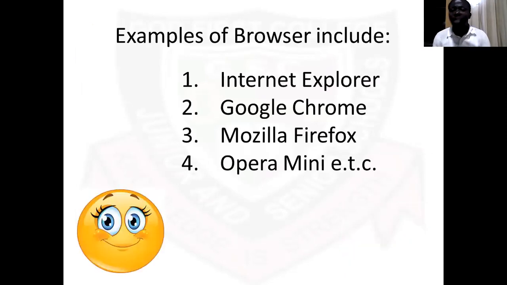Now, there are several types of browser, and in this class I'm not here to market any browser, but just to talk about those that are very common. Number one on the list I have here is Internet Explorer. Number two is Google Chrome. Number three is Mozilla Firefox.